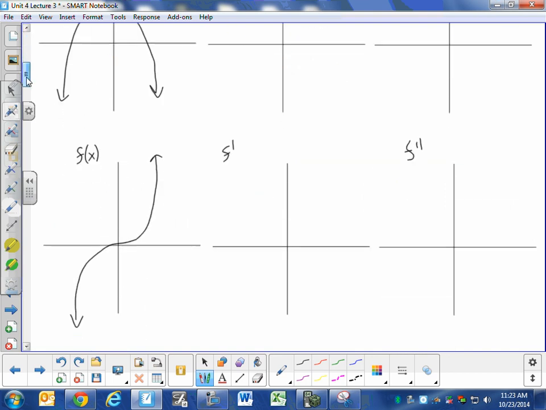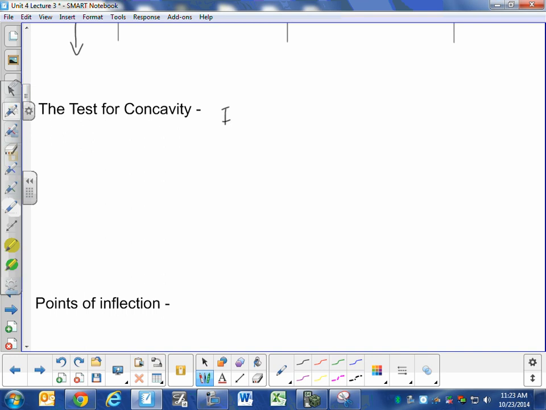If f double prime of x is positive, then f is concave up on that interval.